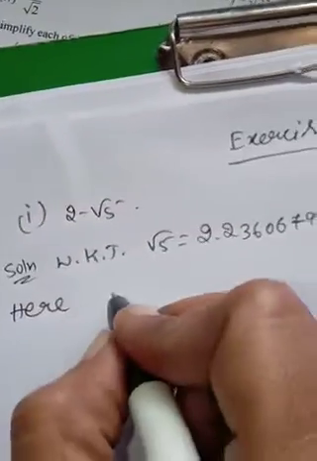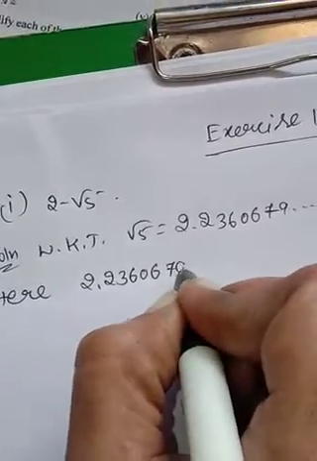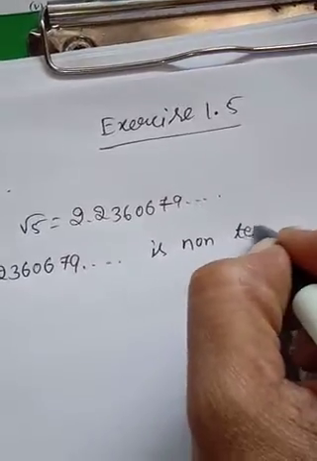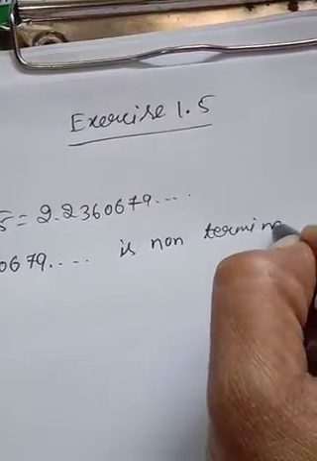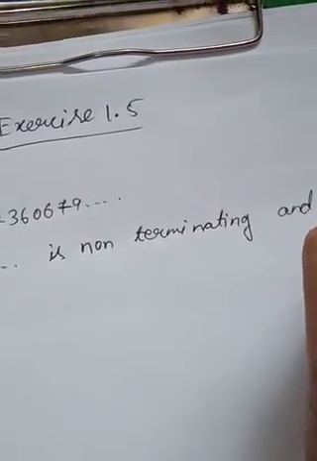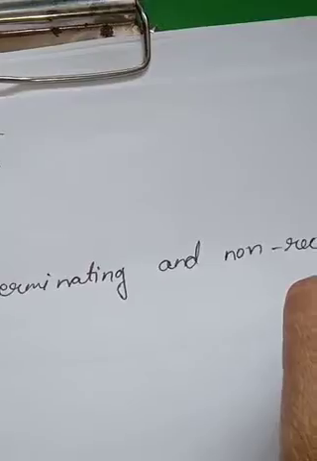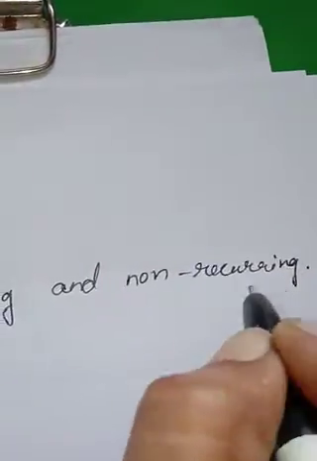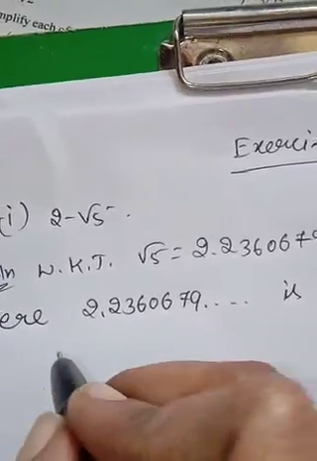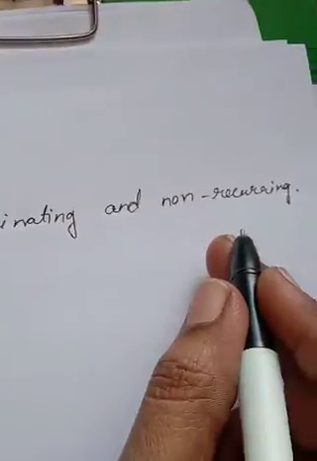Here, that means 2.2360679 is non-terminating and also non-recurring. What I explained in my previous classes is that non-terminating and non-recurring means it is an irrational number.